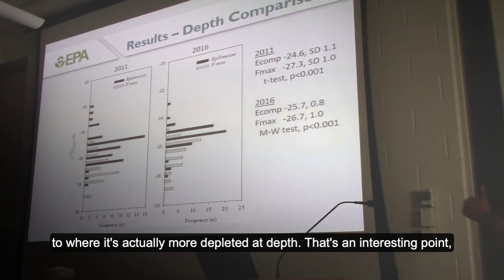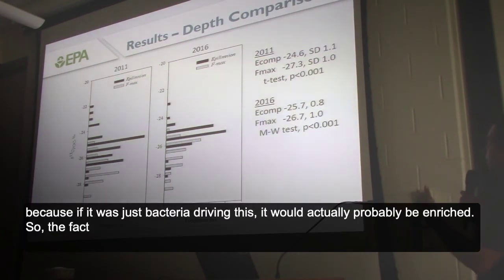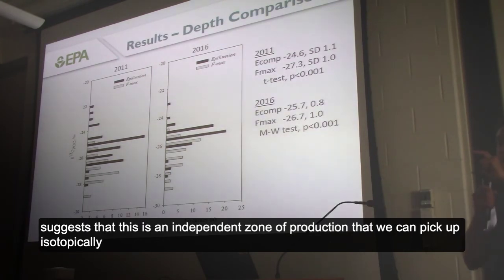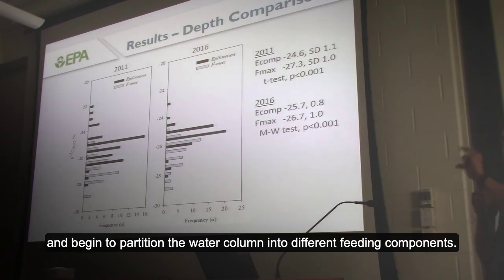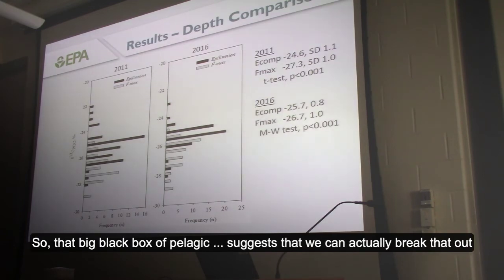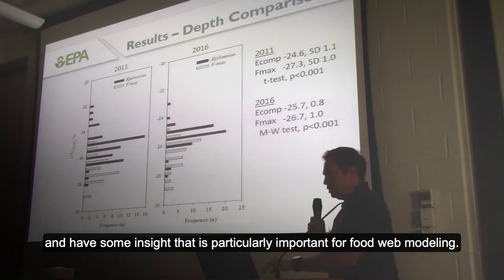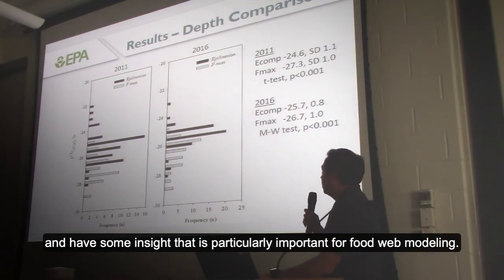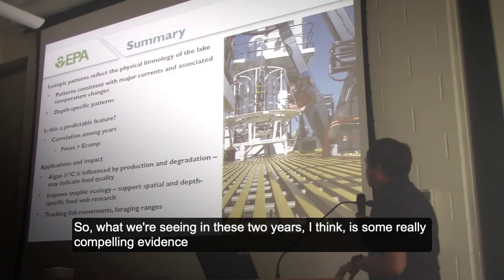That's an interesting point, because if it was just bacteria driving this, it would probably be enriched. So that suggests this is an independent zone of production that we can pick up isotopically and begin to partition the water column into different feeding components. So that big black box of pelagic suggests we can actually break that out and have some insight that's particularly important for the food web modeling.